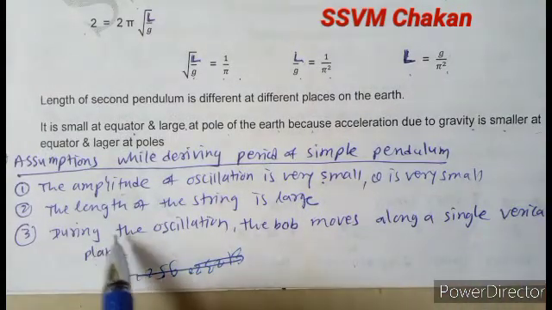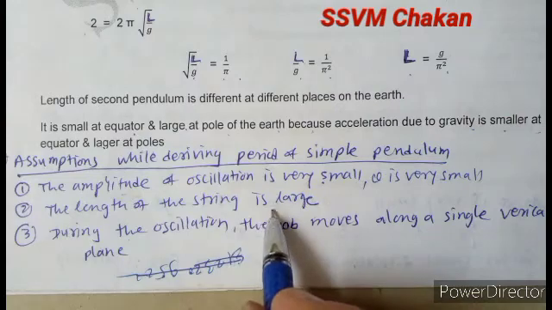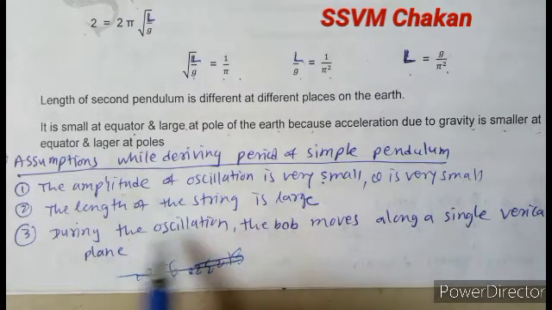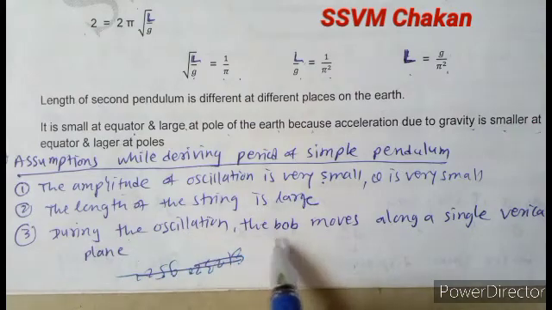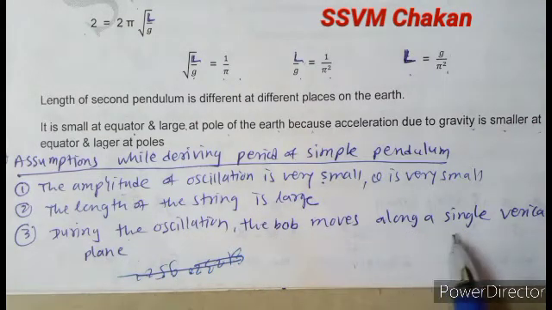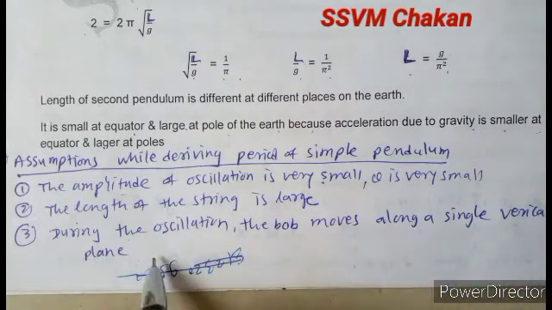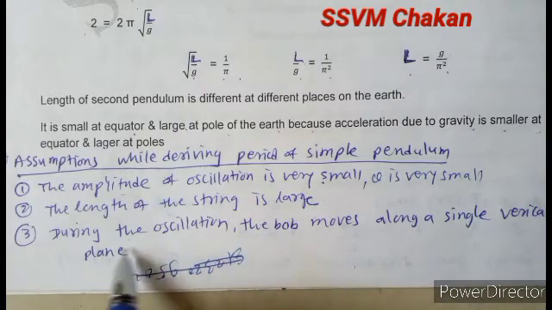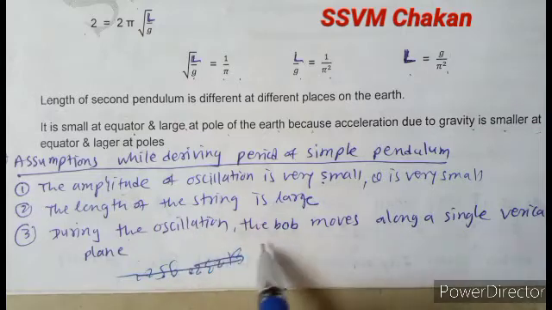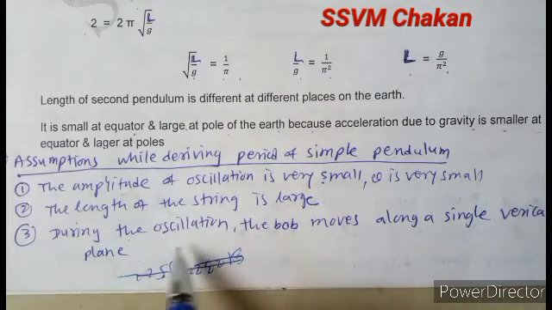Second, length of string is large. And last, third assumption, during the oscillation, the bob moves along a single vertical plane. It is just moving in a single vertical plane, not a round shape. So this is the motion of a simple pendulum.